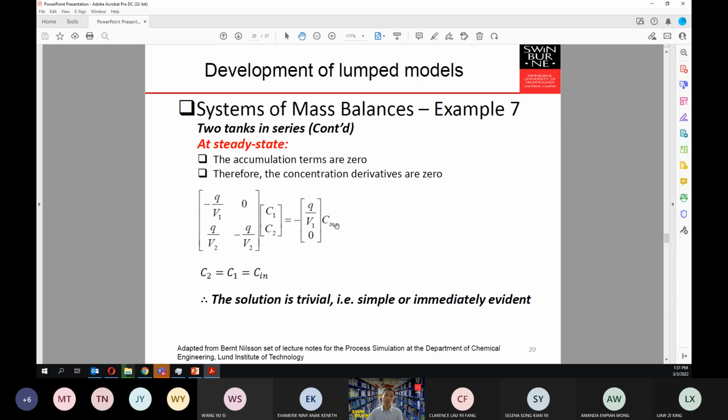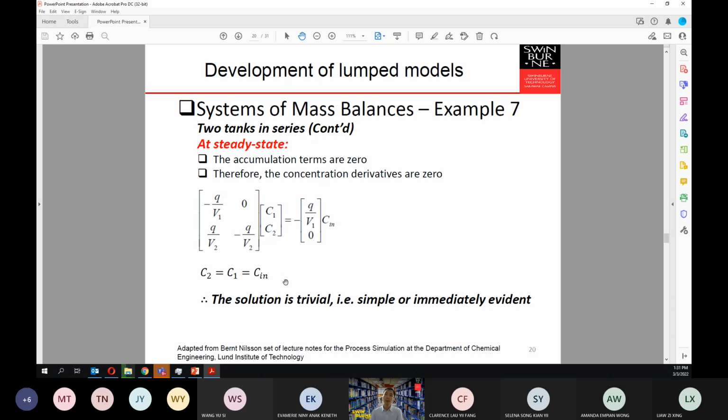And since C1 is equal to C in, meaning that C2 is equal to C1 is equal to C in. Okay, therefore the solution becomes trivial. In the steady state, when there is no accumulation, whatever goes in will be equal to whatever comes out.